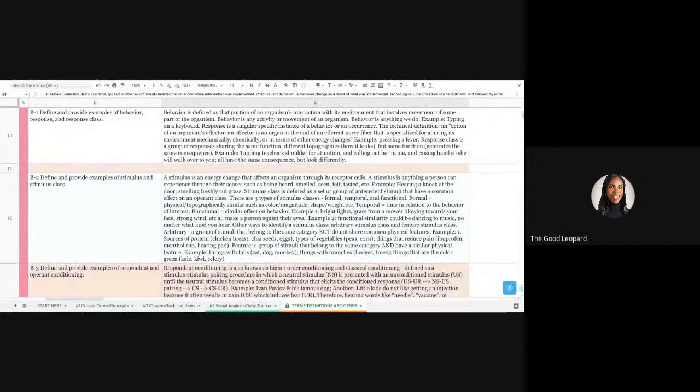So no matter if it's a bright light shining in my eyes, if it's grass from a mower about to blow in my face, if it's strong wind, I'm still going to squint my eyes. So that's what I mean when I say functionally similar. The stimulus is functionally similar because I'm still squinting my eyes regardless, even though it's different ways that my eyes could be affected.